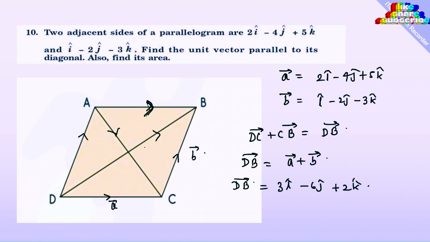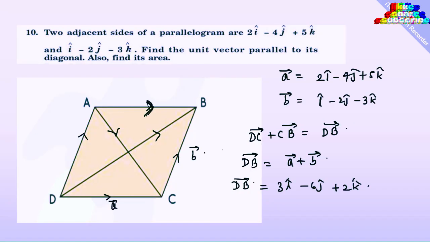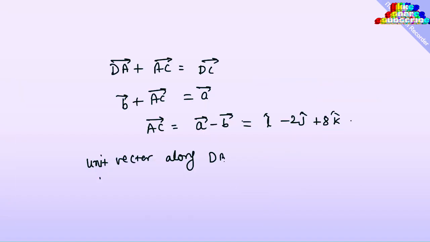So we have obtained the vectors along the diagonals of the parallelogram. Now we have to find the unit vectors. So the unit vector along DB vector is the vector over its magnitude.